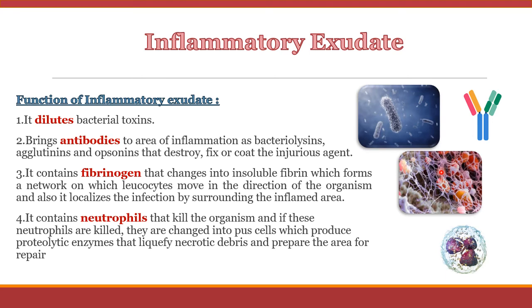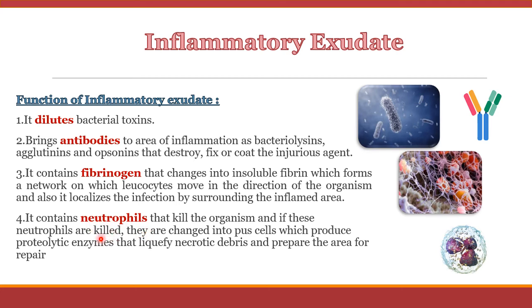Last but not least, this exudate contains neutrophils and macrophages also, and those cells are going to be activated, and with activation they are going to destroy the organism or the injurious agent.